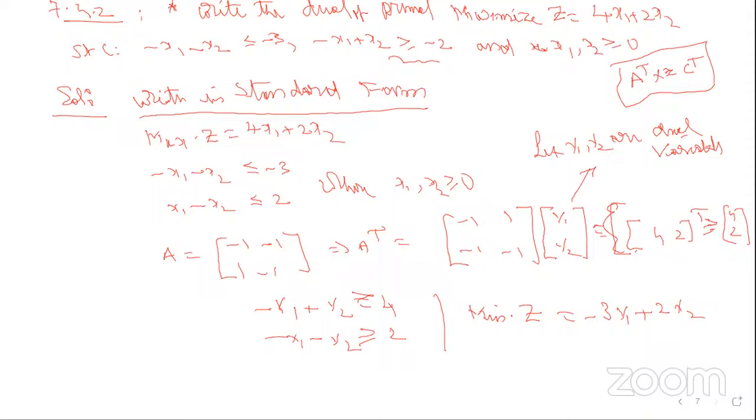This is A transpose. So we wrote minus y1 plus y2 greater than or equal to 4, minus y1 minus y2 greater than or equal to 2.